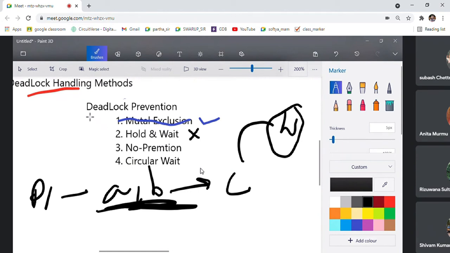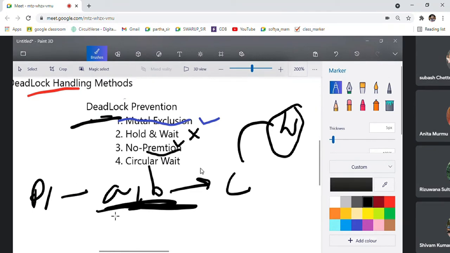So we can prevent deadlock from occurring by making sure preemption is there. We make sure the processes follow preemption instead of no preemption with respect to the resources.